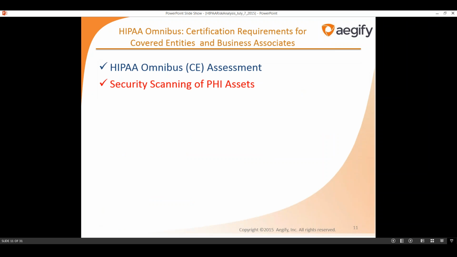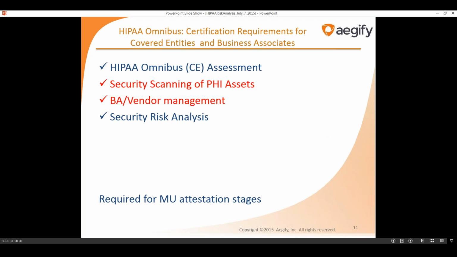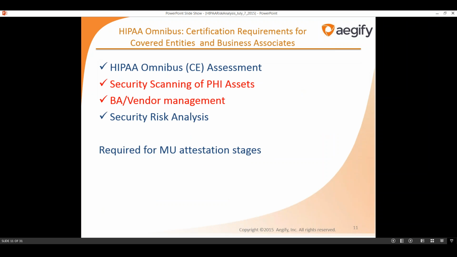So if you look at HIPAA, what does that mean? From a HIPAA Omnibus certification requirement, there is a need to do all of this. There is a need to do a HIPAA assessment, which provides a list of administrative, physical, and technical safeguards that HIPAA prescribes that an organization should implement. There is a need to do security scanning of all the PHI assets.